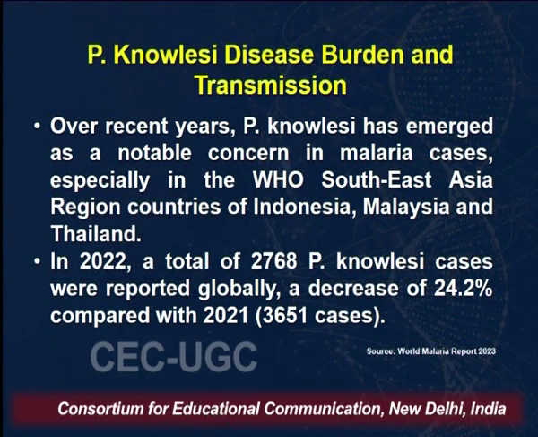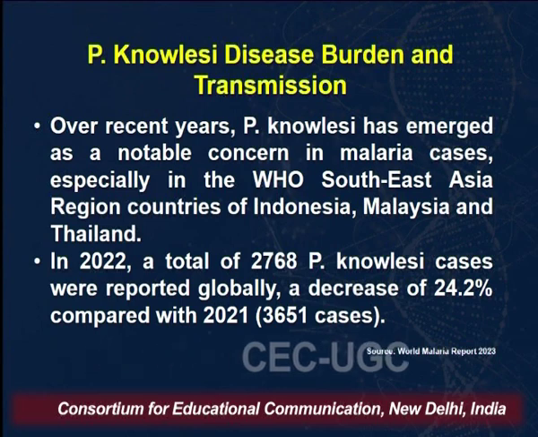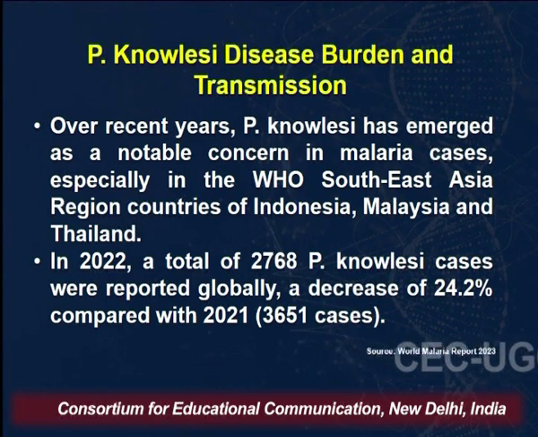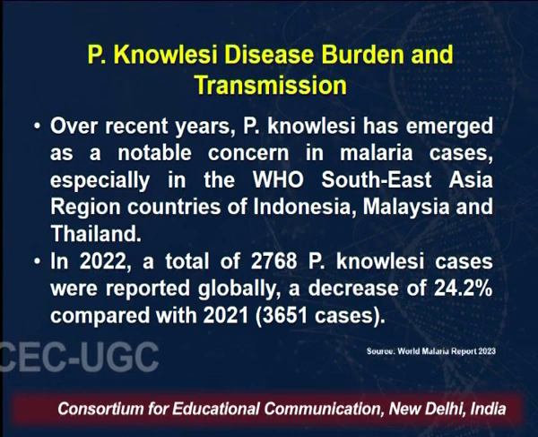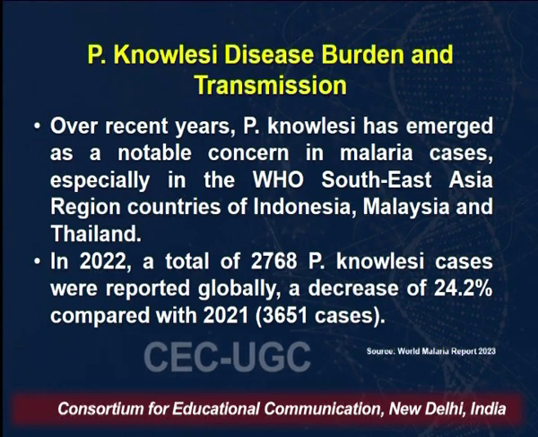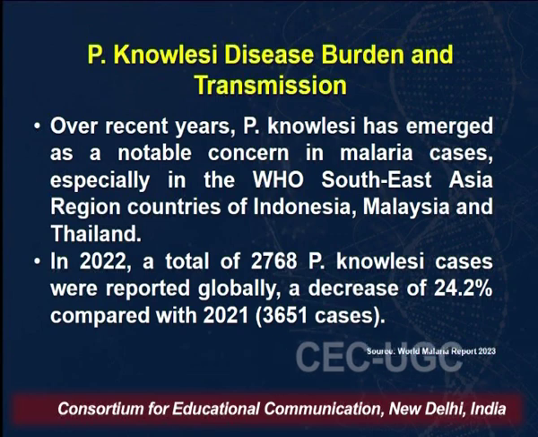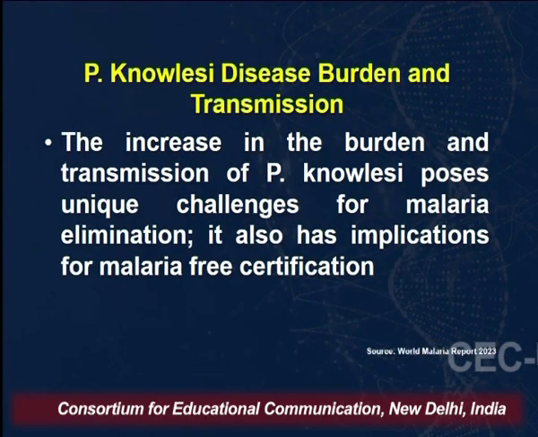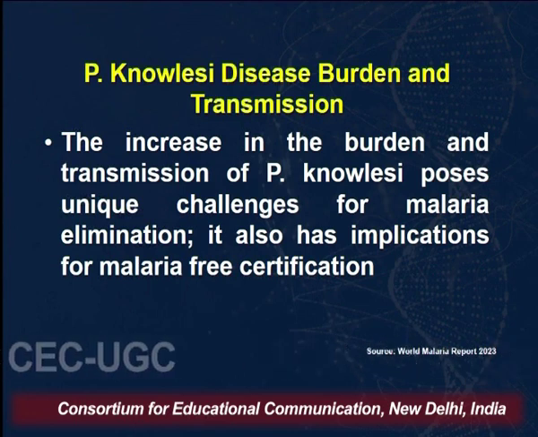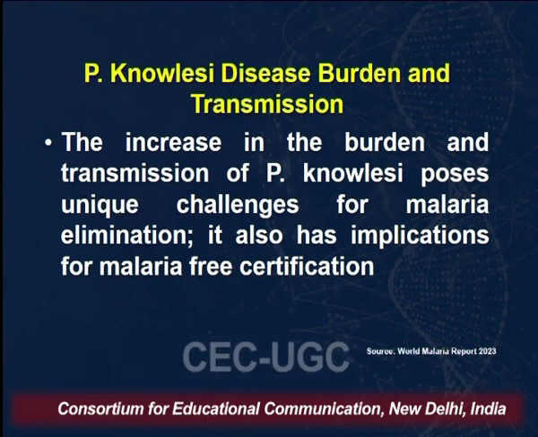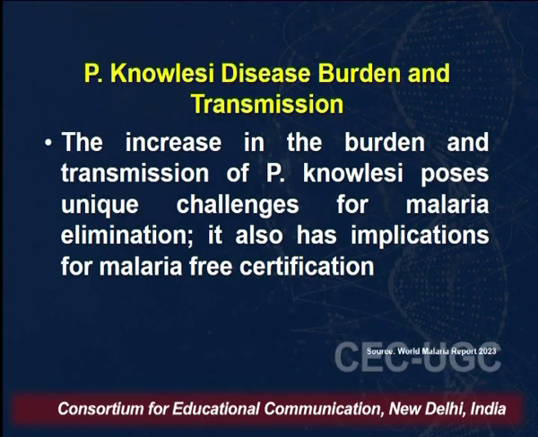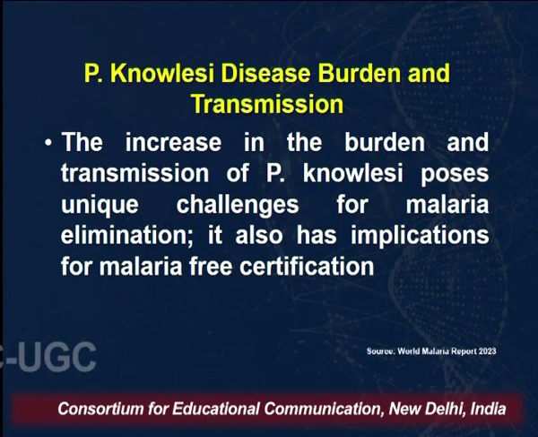But Plasmodium knowlesi is still a major concern, because scientists are yet to decipher the exact mechanisms of transmission and how exactly it behaves. The increase in the burden of transmission of Plasmodium knowlesi poses a unique challenge for malaria elimination, and there are various regions reporting this infection.